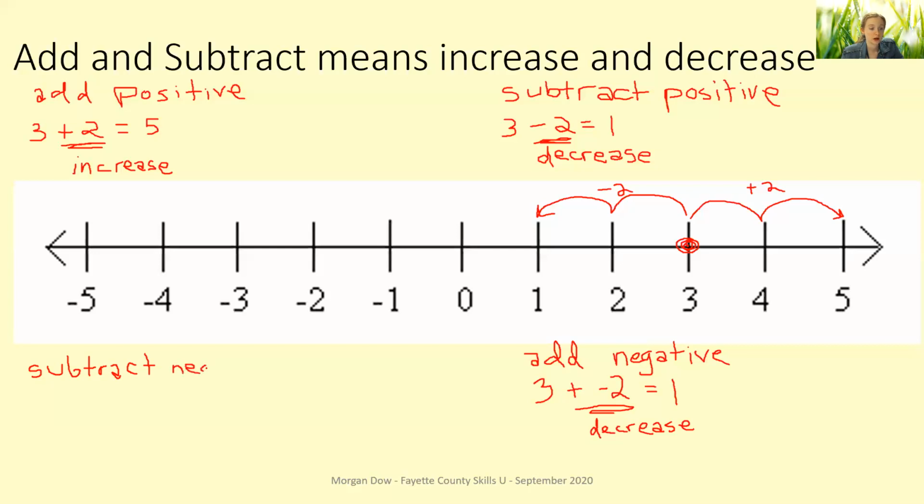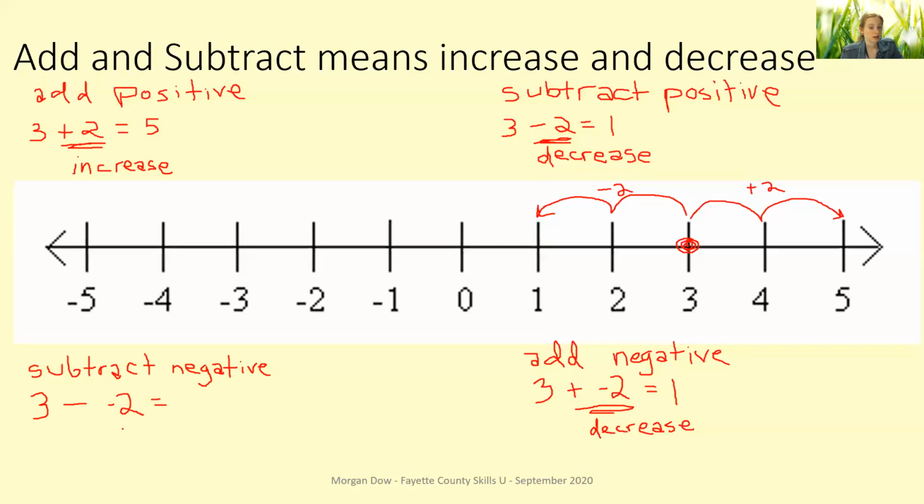So you already know that subtracting a positive number causes you to decrease. When you do the opposite, when you subtract a negative number, you do the opposite thing. You increase. So instead of 3 minus 2, now I'm going to do 3 minus negative 2.